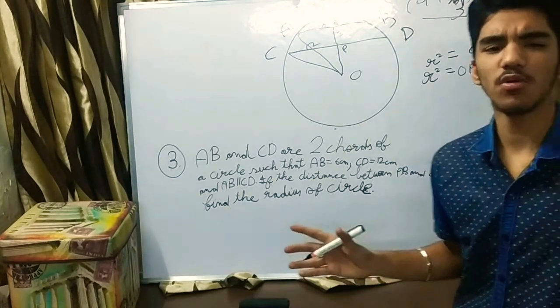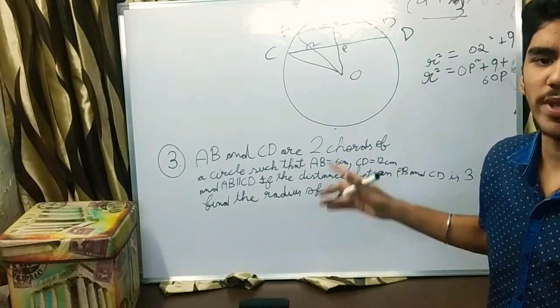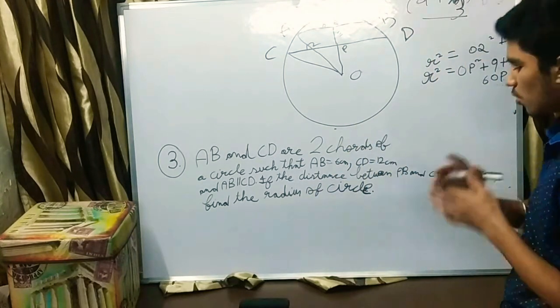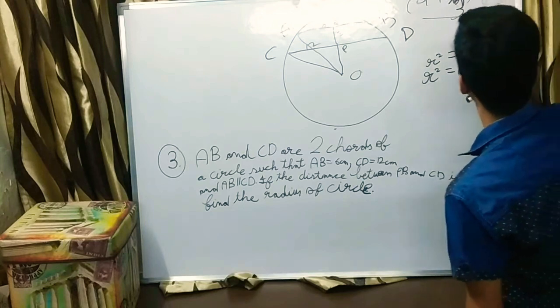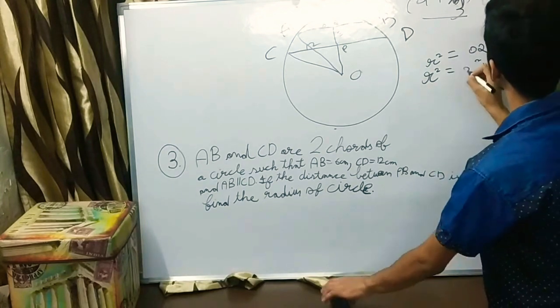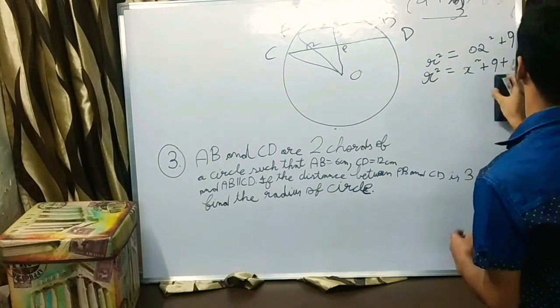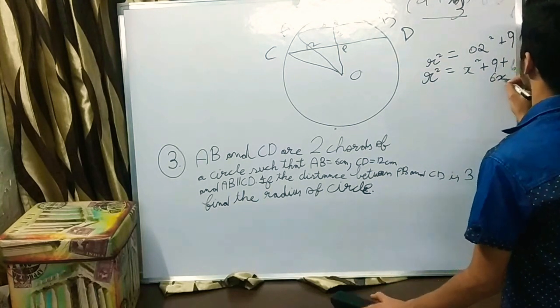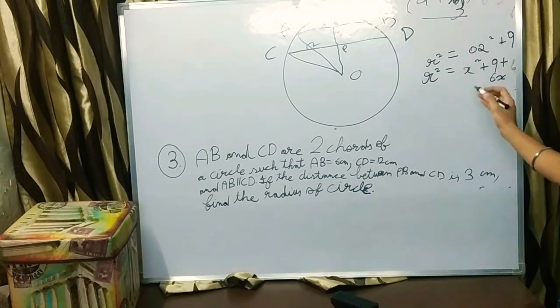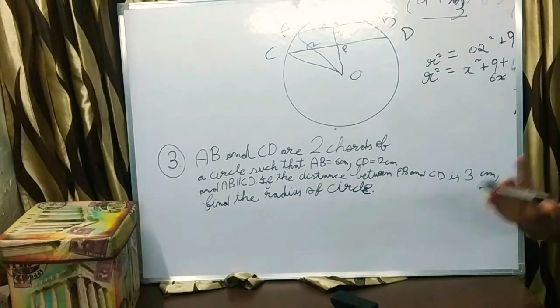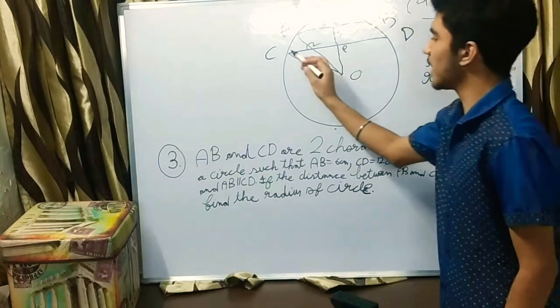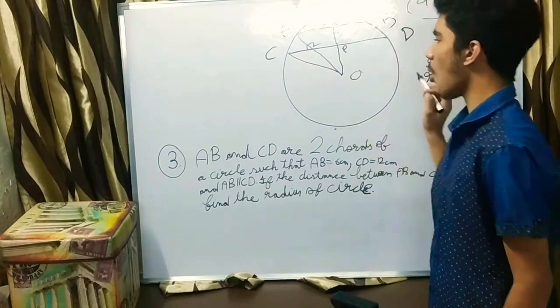Now for easier calculations, let us take this OP as x. Now instead of OP, we write x. So x square plus 9 plus 6x. Now r square is equal to x square plus 9 plus 6x. Now let us take this triangle CPO.